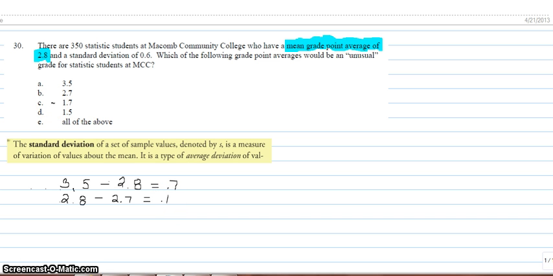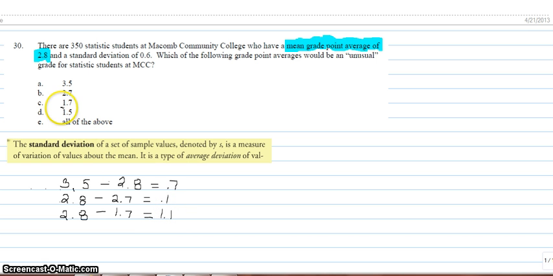C, the answer that they gave us that could be an option, was 1.7. Again, we need to take our grade point average of 2.8 and subtract 1.7. That gives us a value of 1.1.